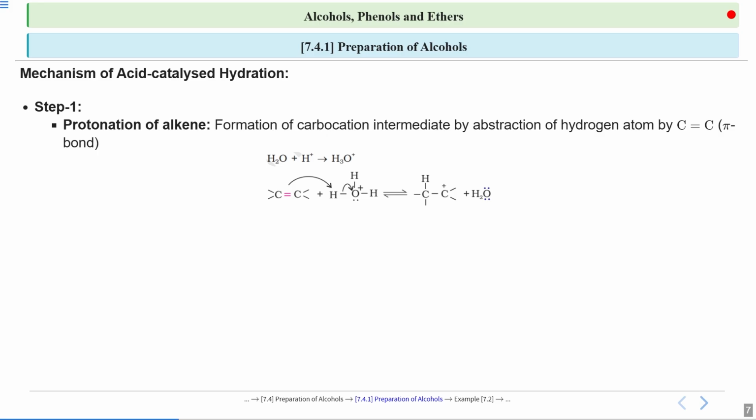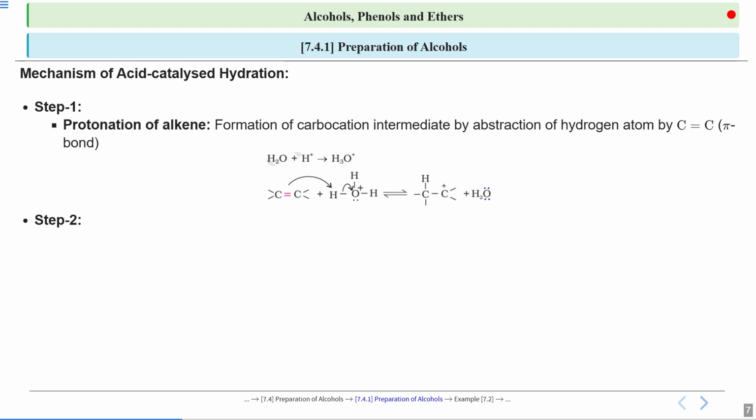So you will get a carbocation. And the hydrogen-oxygen bond electrons will shift to the oxygen because it is having positive charge, and you will get an H2O molecule, a water molecule, in this process. So in this step, we have the protonation of the alkene by the formation of a carbocation.